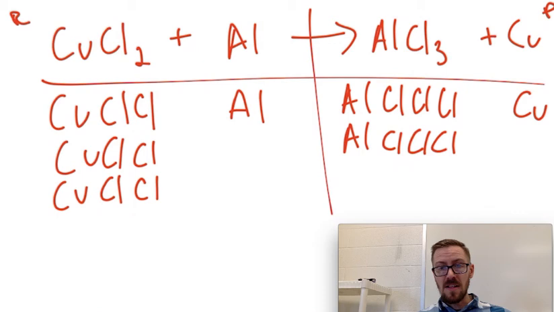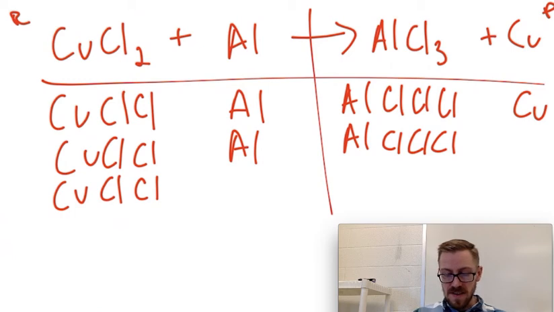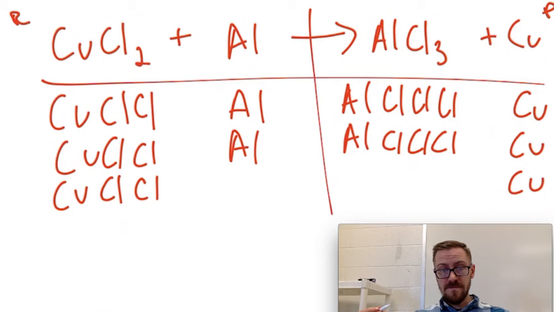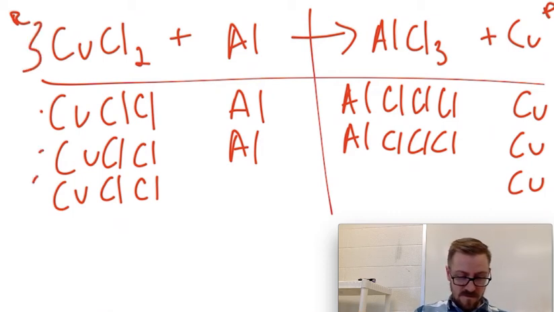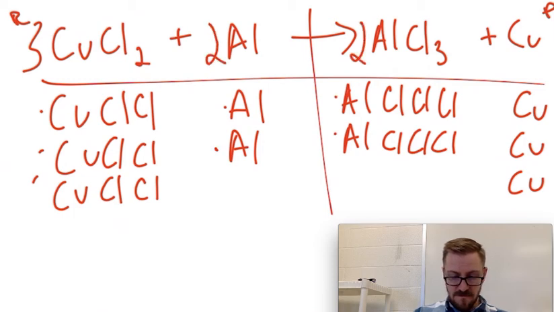But my copper and my aluminum are all still messed up. So I need more aluminum on the reactant side and then more copper on the product side. Now we're set.